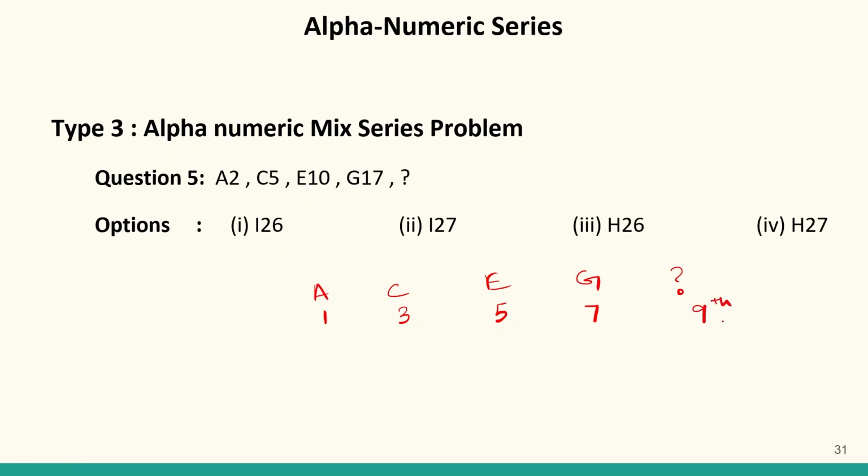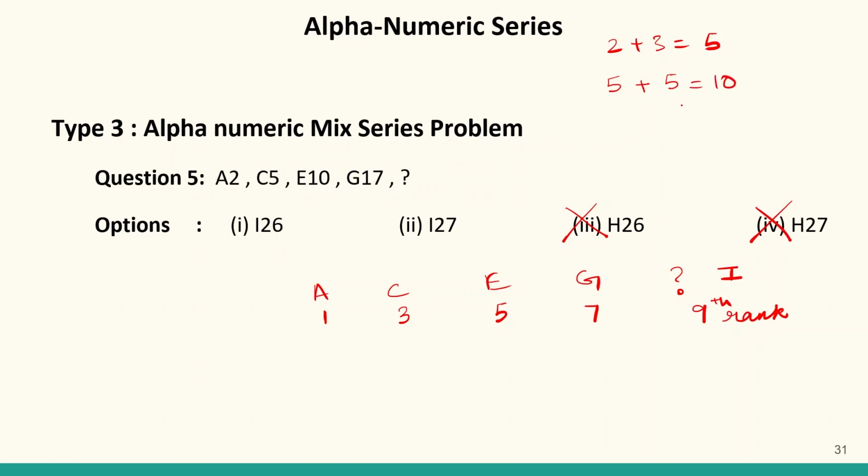So it will be the 9th rank. And the 9th rank is of which alphabet? 9th rank is of I. So we have 2 options for I. Let us eliminate these 2 options. Okay, understood? Now let us come to the numbers. I can say 2 plus 3 is 5, right? From 5, we are going to 10.